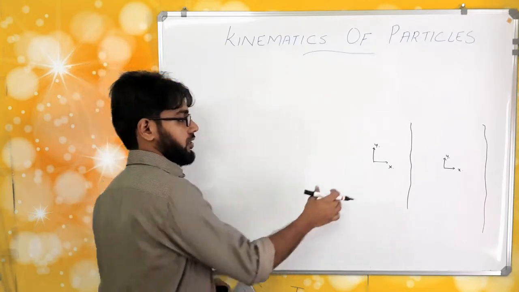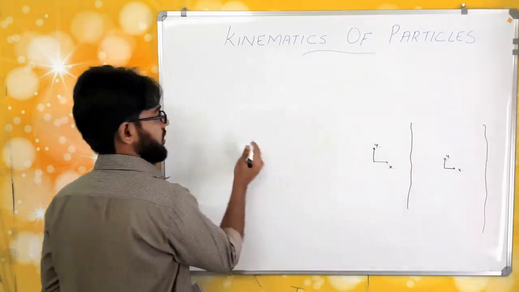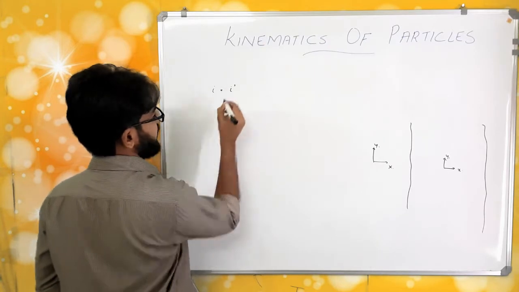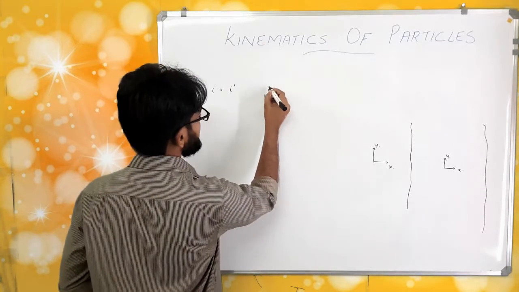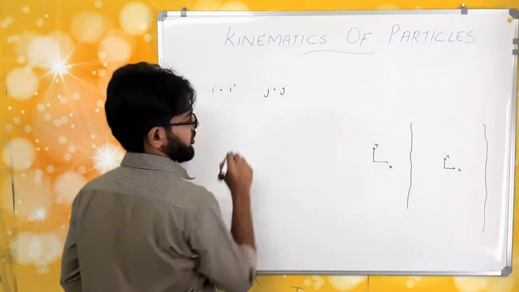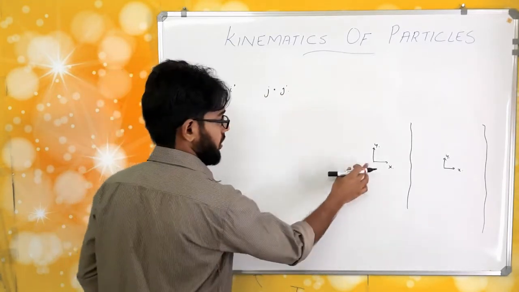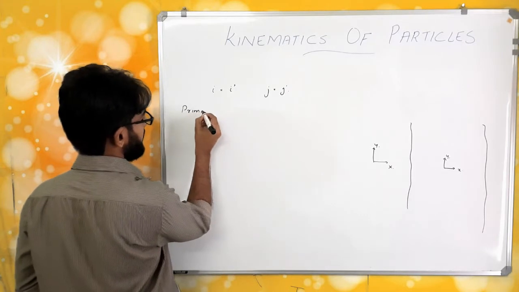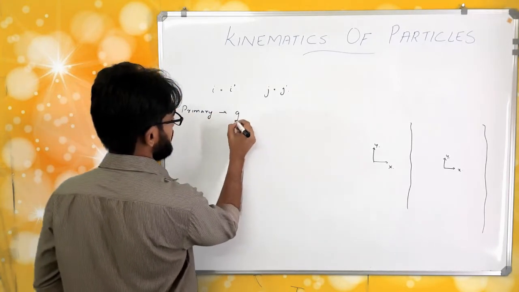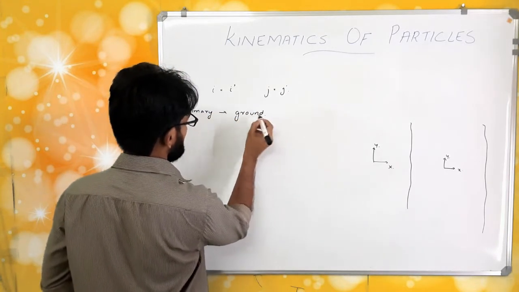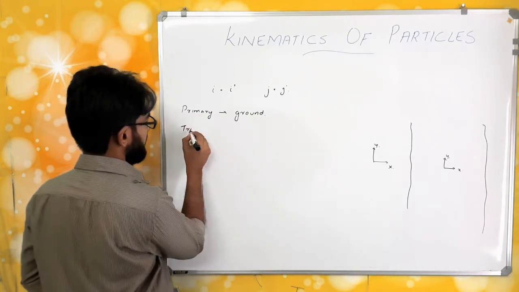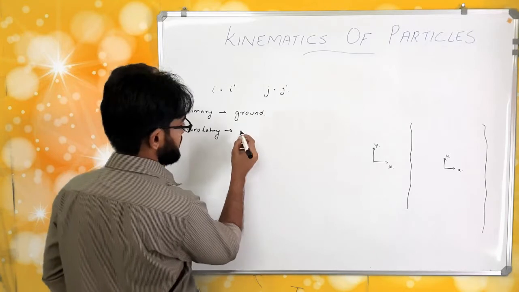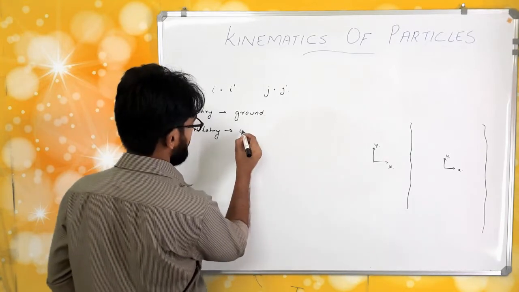Now if you look at this closely, you can see that here I will be equal to I dash and J will be equal to J dash. I will say again, the primary reference is attached to the ground and the translating reference is attached to the water.